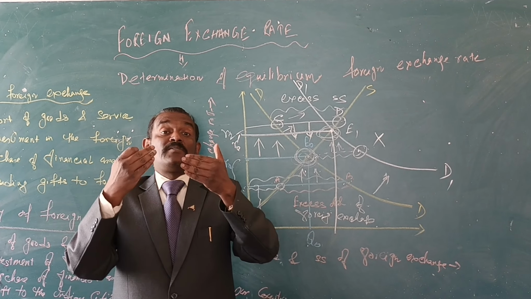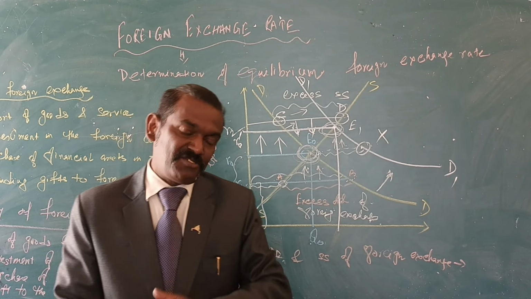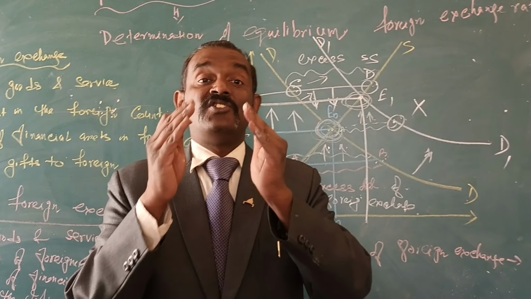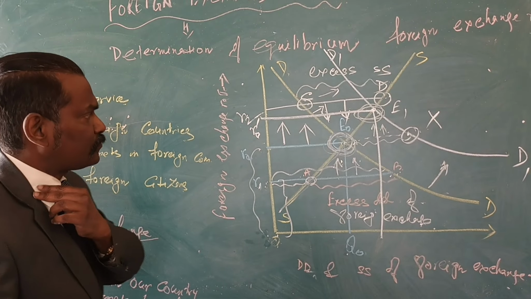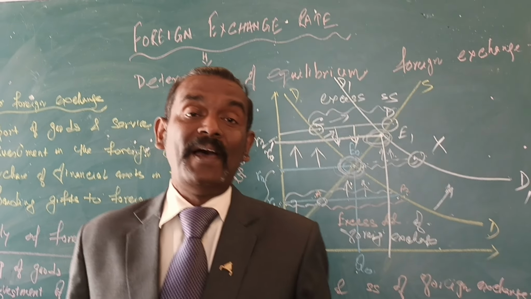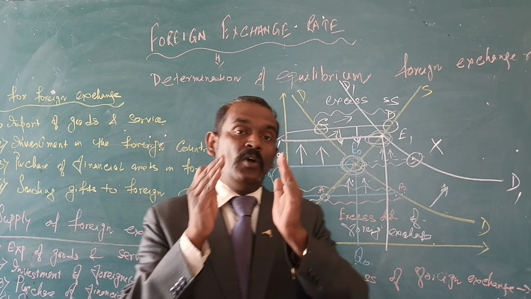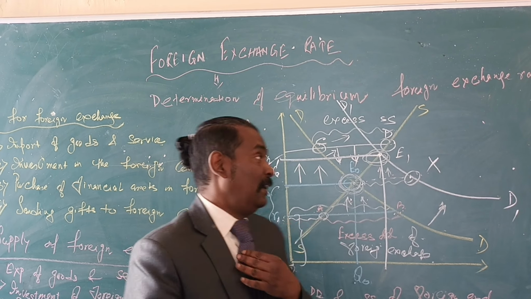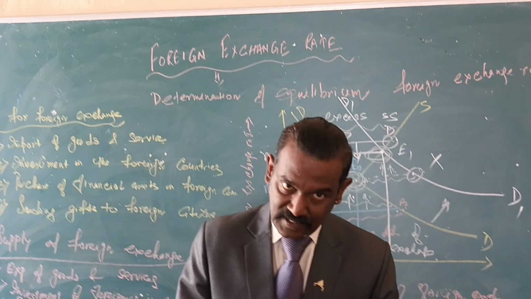As the import has become much costlier due to the increase in the exchange rate, the demand for foreign exchange will decrease, and thus the deficit in the balance of payment will be corrected. This is how the deficit in the balance of payment can be corrected by the flexible foreign exchange rate system.